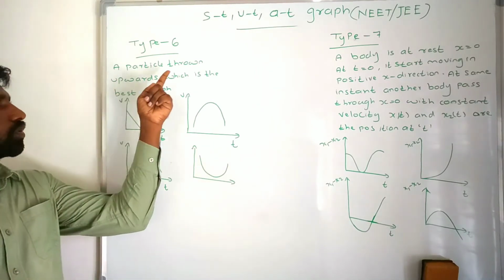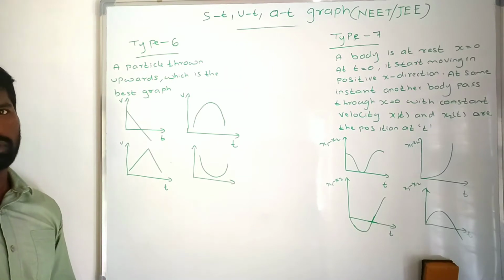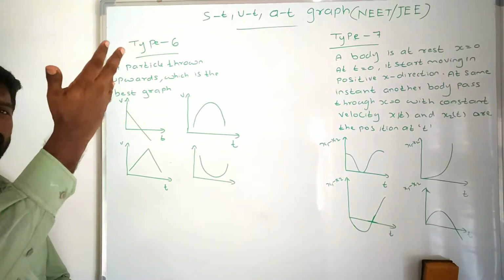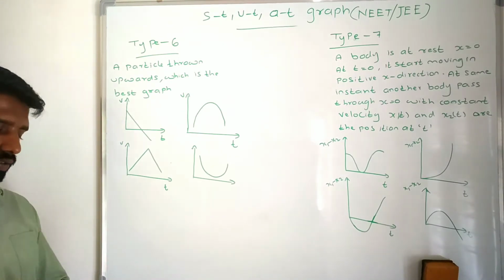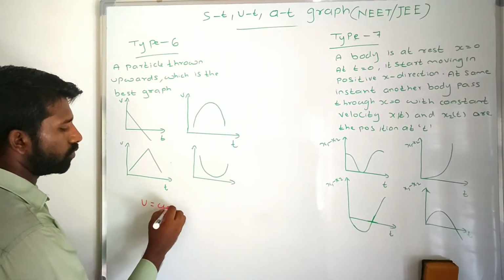A particle is thrown upwards. Which is the best graph? If a particle is thrown upwards, what about its velocity? We can write v is equal to u plus at.